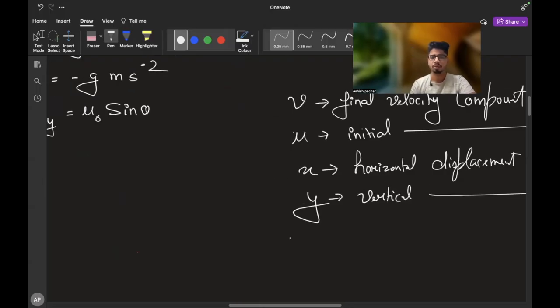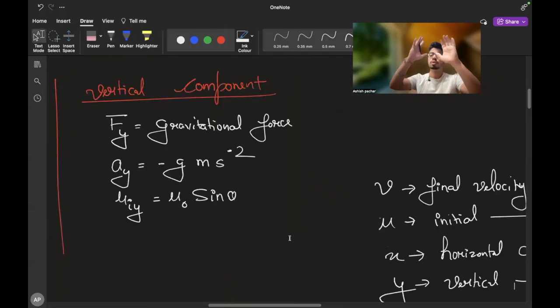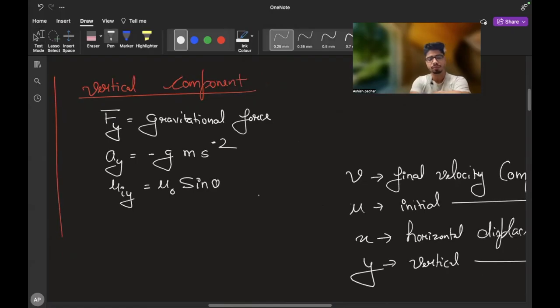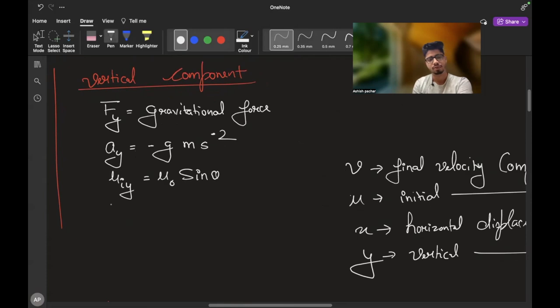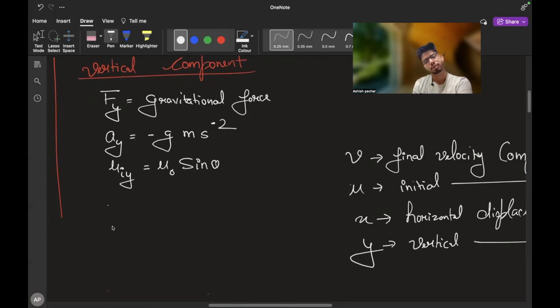Okay, so right now we are talking about the vertical. So all the components we are going to take are vertical only. The vertical velocity component is what we are going to take. So let's find out some relationships first.